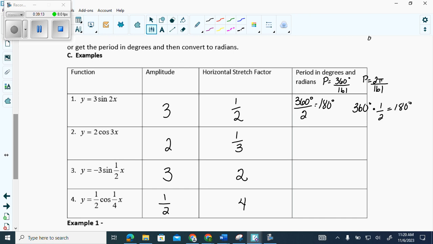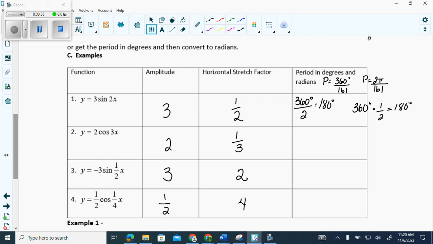When you're using that formula, you are using b, not the horizontal stretch factor. If you use the horizontal stretch factor, you just multiply. If your horizontal stretch factor is 2, it's becoming 720 because you're multiplying by 2.